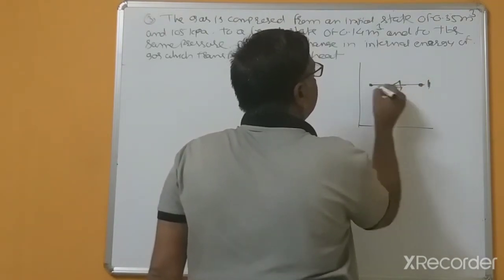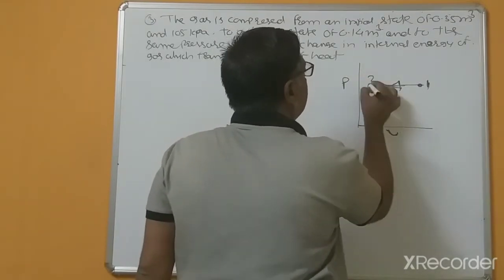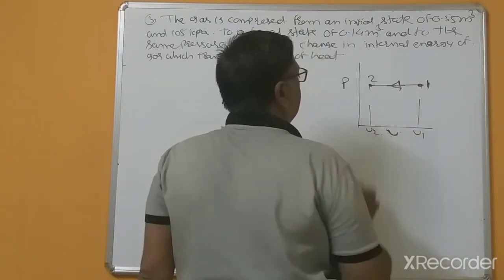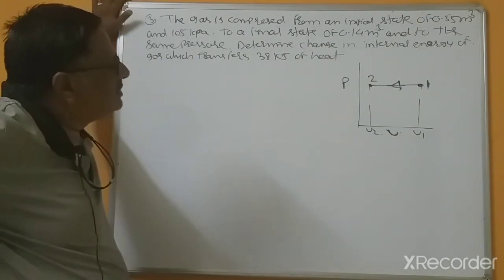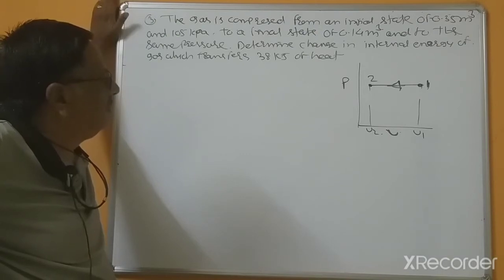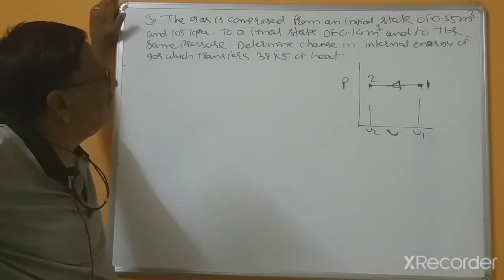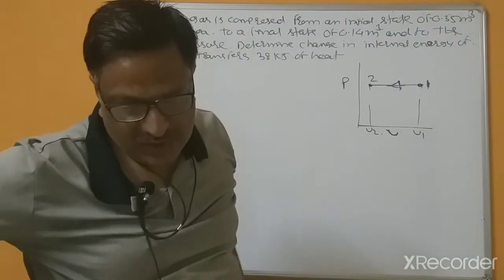This is first and this is second, on the PV diagram. That's why this is V1 and this is V2, or you can say this is 1 to 2. You can mark here: work done on the system.